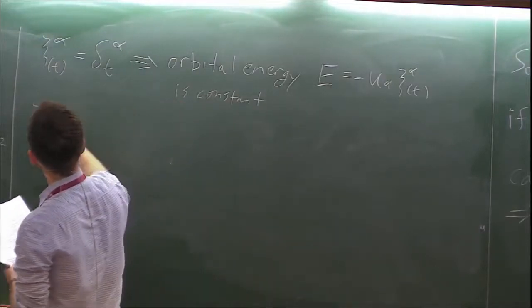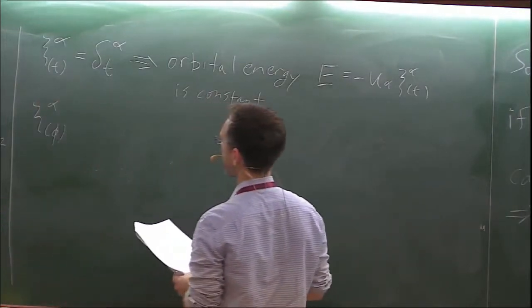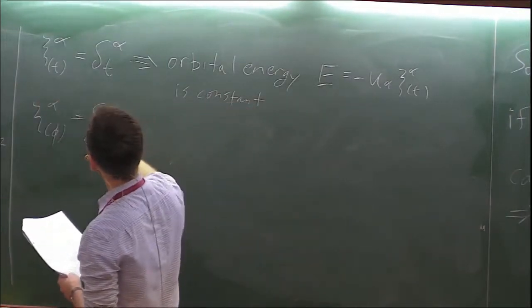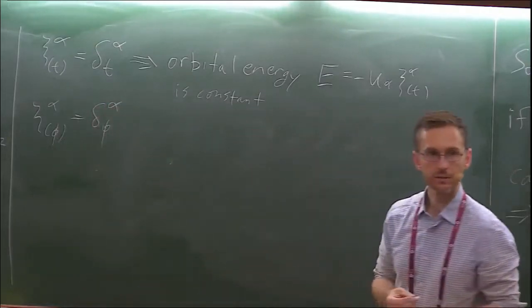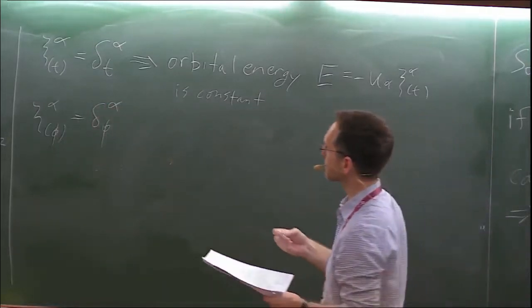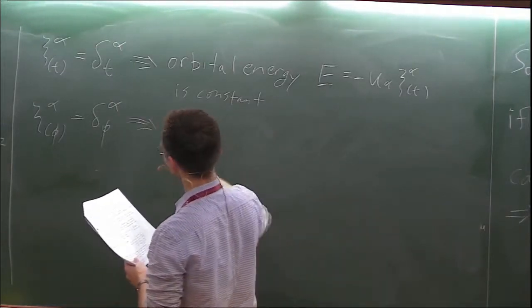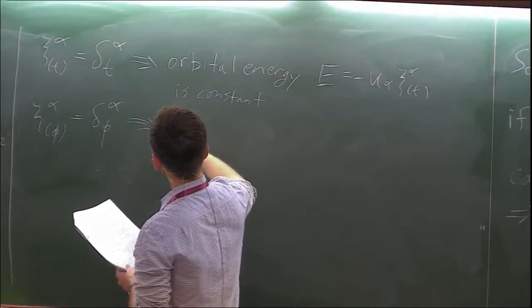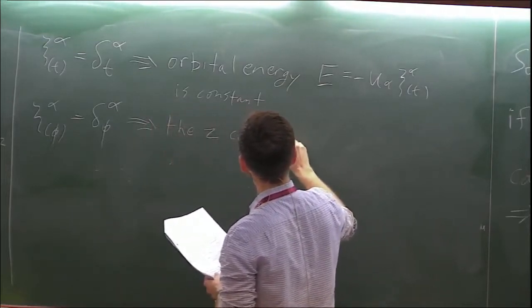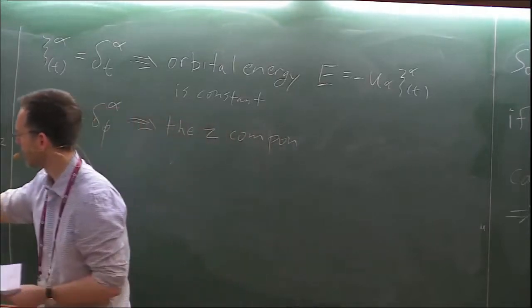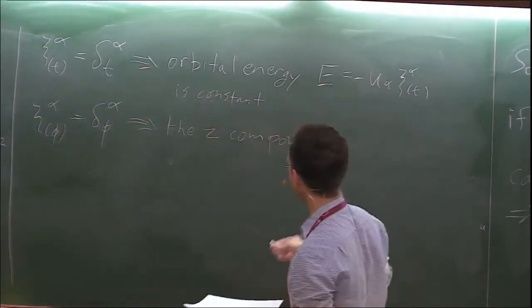Then we have our axial Killing vector, which I'll write as ξ^α with a subscript phi. And that's just 1 in the phi direction and 0 in every other direction. So that gives us another constant, which is the z component. So not z as in z alpha, but z as in orthogonal to the equatorial plane.